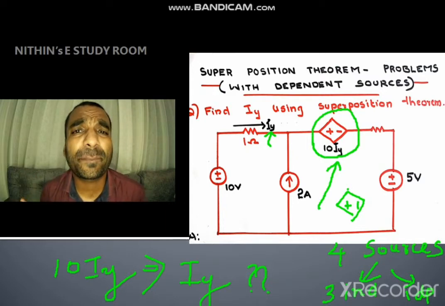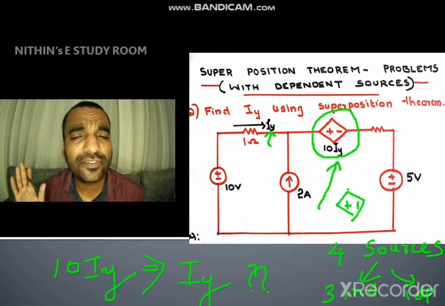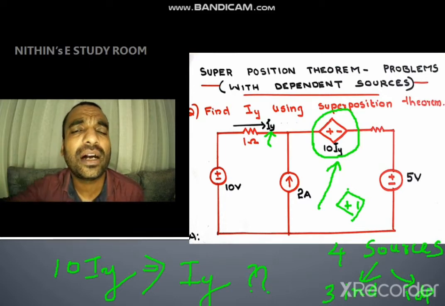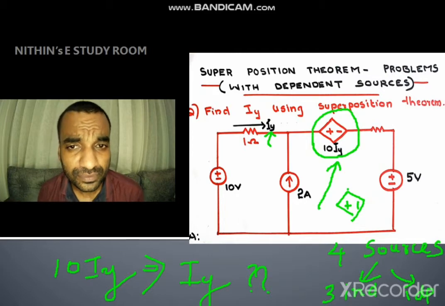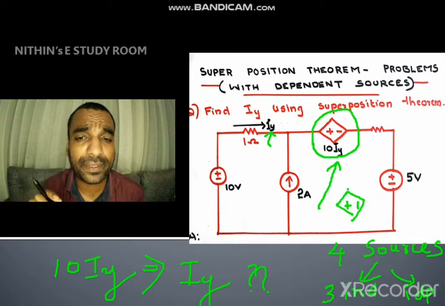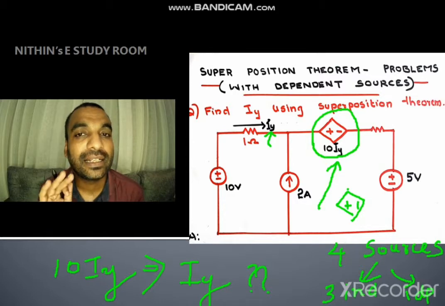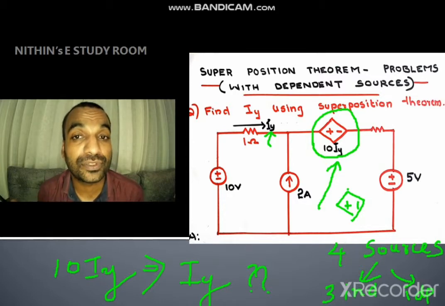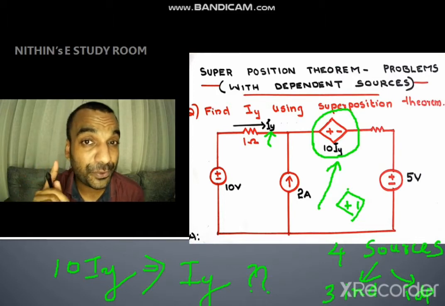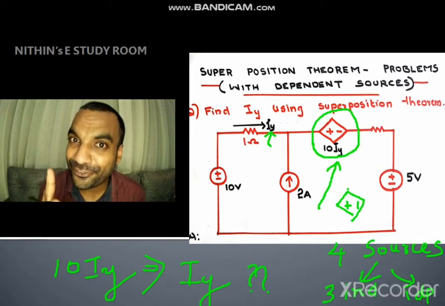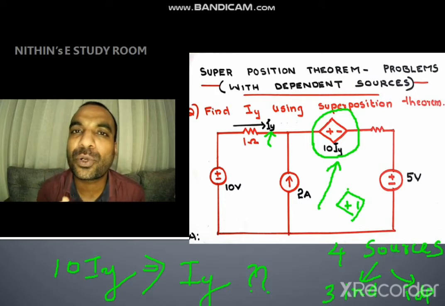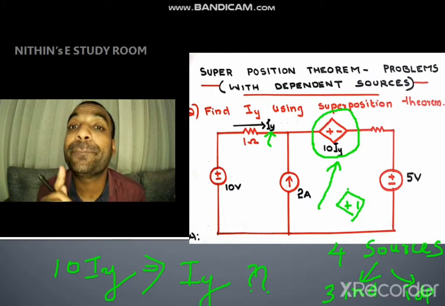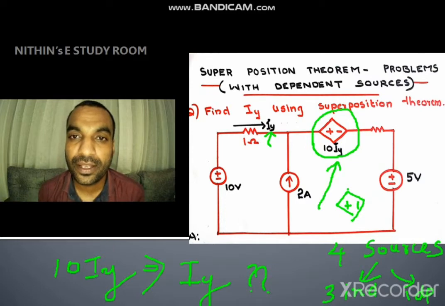So we cannot suppress the dependent source. It will be there as it is in all the analysis. You have to consider separately only the independent sources. So you have to consider three different subcircuits, one for each independent source, and in those cases you have to suppress the other sources.